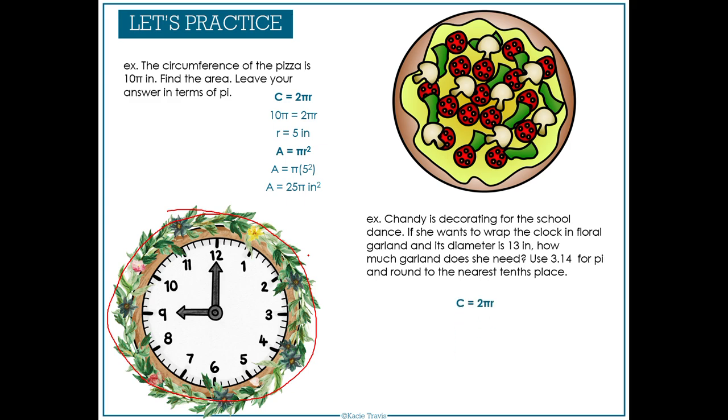Our circumference is equal to 2 times pi r, or it's equal to d pi. We are given the diameter, which is 13. So d pi, that's 13 pi. Now, we need to calculate that. So this is about 40.8 inches at the end.